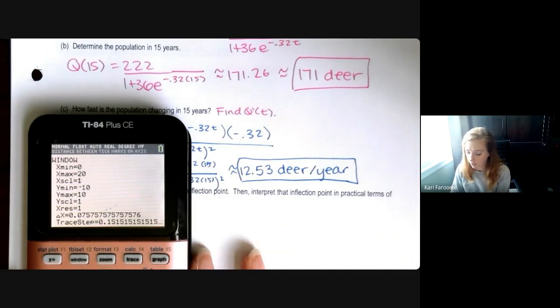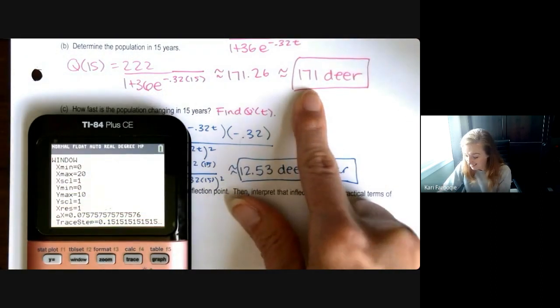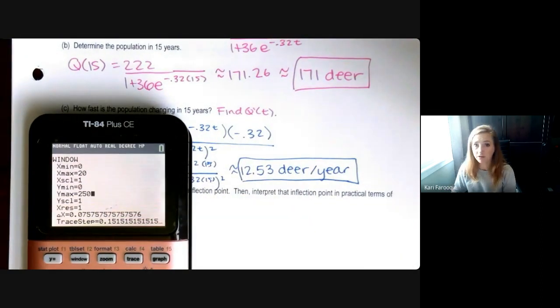And then for the y values, the y-min is 0. It really could technically be 6, but it's not going to matter in this case. The values are going to be so small. And then 171 is, I say go up to 250 even. See what happens. Graph.